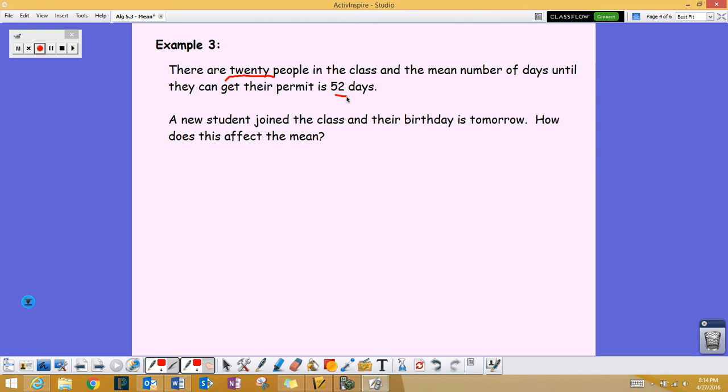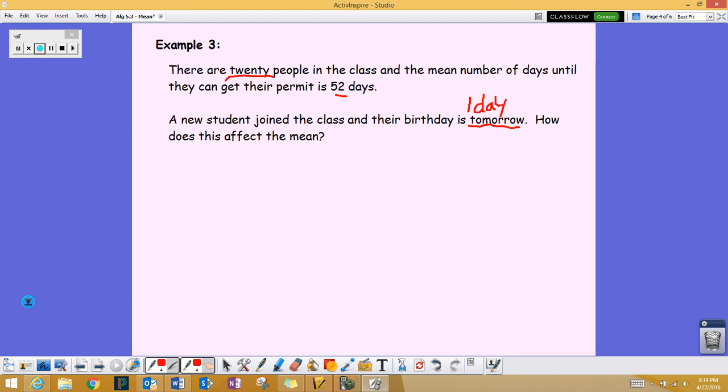A new student's going to come in and join the class, and their birthday is tomorrow. Oh my goodness. That's only 1 day away. So they're closer than 52 days away from getting their permit. How does this affect your mean?